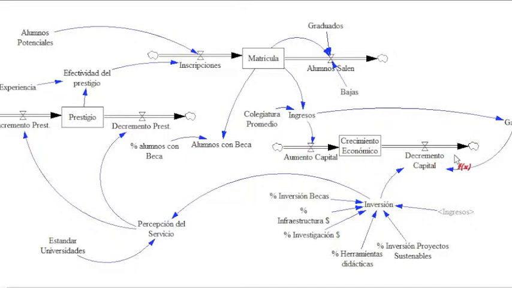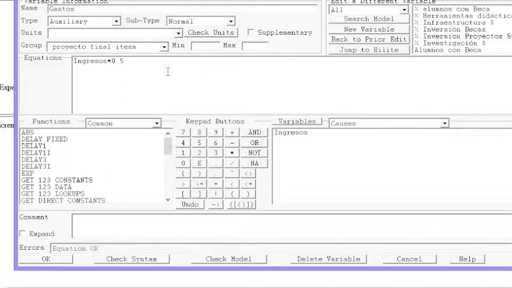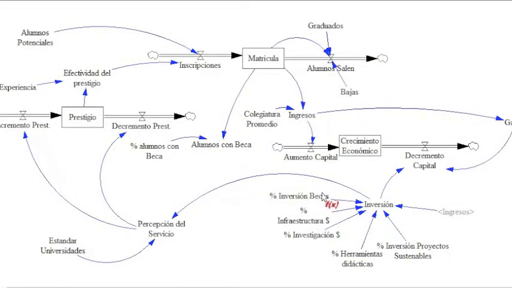It goes out between operative costs and the investments we make as a school. The operative costs, we are calculating them as half of the incomes. And finally, we have investment in scholarships, investment in infrastructure, investigation, school material, and the projects.